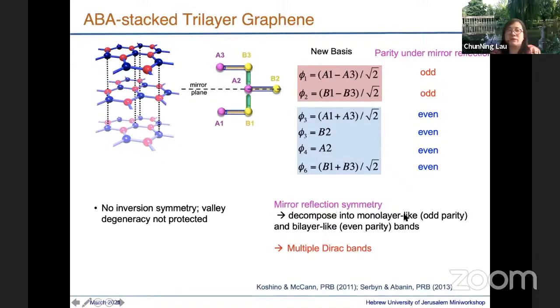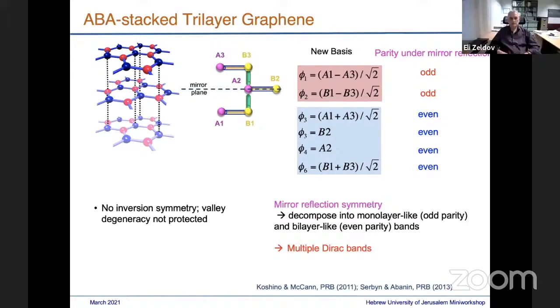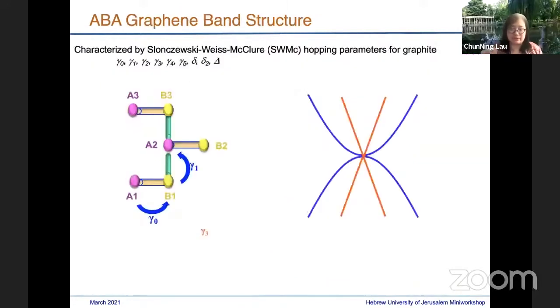One is a bilayer-like band, which has even parity under mirror reflection symmetry. The other is a monolayer-like band, which has odd parity under mirror reflection symmetry. So we have coexistence of multiple Dirac bands with different parity under the mirror reflection symmetry, and these symmetry protected states give us all the interesting physics we've seen.